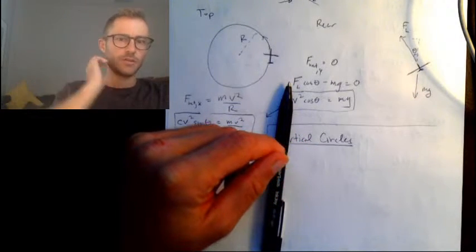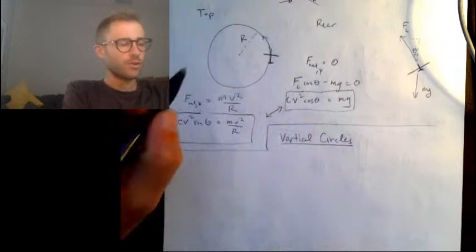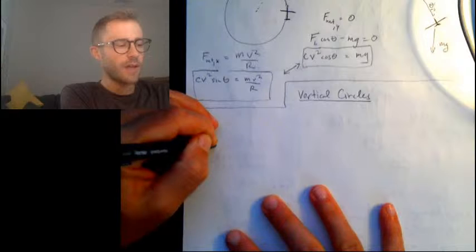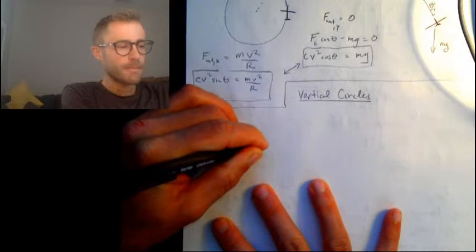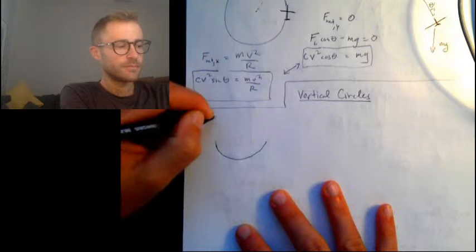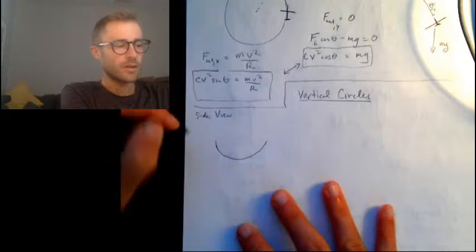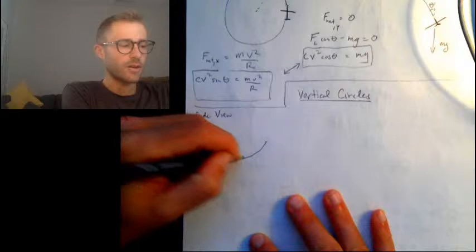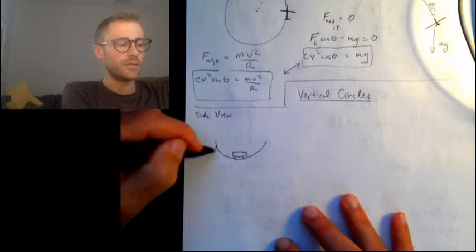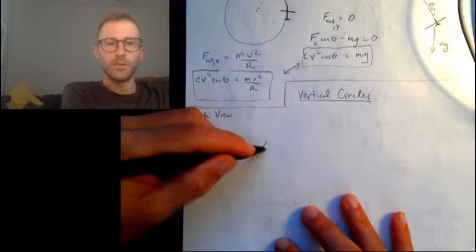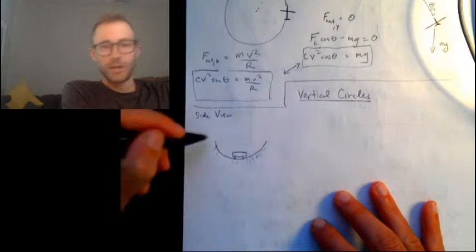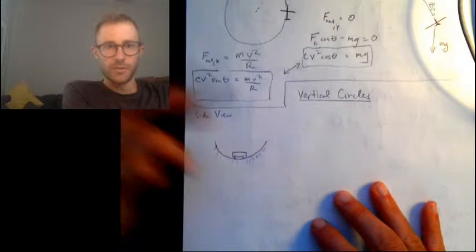So if we think about a vertical circle, you could be at the bottom of the circle. These are all side views. For example, what if we had a car at the bottom of a circle, like this, and then you have a normal force below you. This would be like a car that goes into a ravine or something.